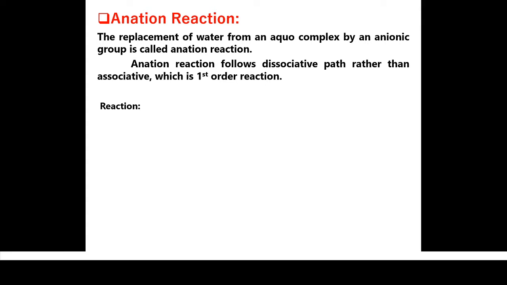This also we have discussed already, because SN1 follows first order reaction, because the rate only depends on concentration of complex or concentration of substrate. So the anation reaction follows SN1 path or dissociative path, which is the first order reaction.